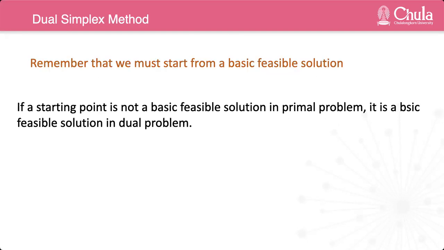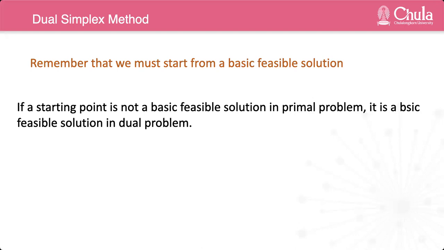Now we use one property from the duality. We learned that if one problem is infeasible, the other one becomes unbounded, right? And remember that for the simplex method, we must start from a basic feasible solution. Previously, when we encountered an infeasible starting point, we solved the problem by using the two-phase algorithm.